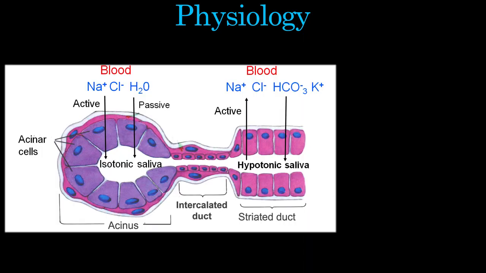Okay, what about the main items in the physiology of saliva secretion? Here we have the picture that shows us the acinar cells and the ductal cells. If we focus on the acinar part of the picture, we can see the acinar cells. These cells produce the proteins that are secreted in the saliva.